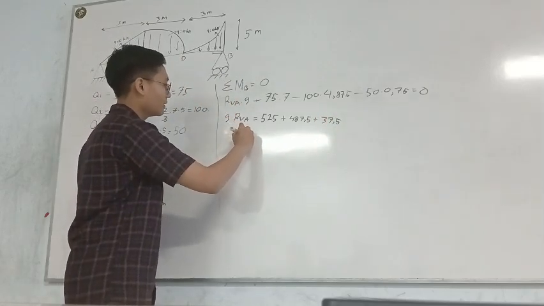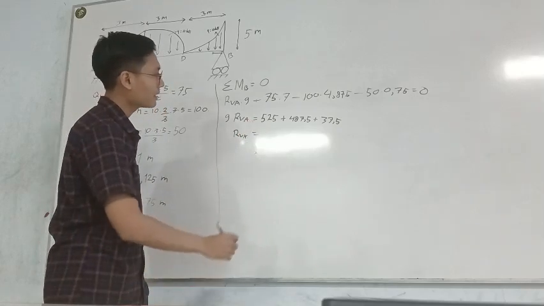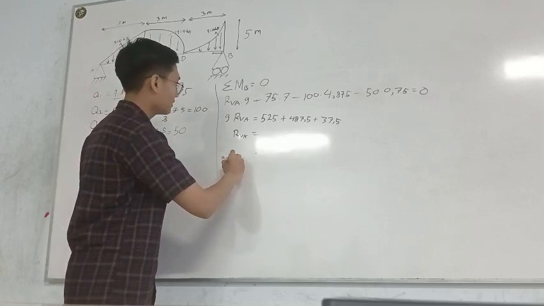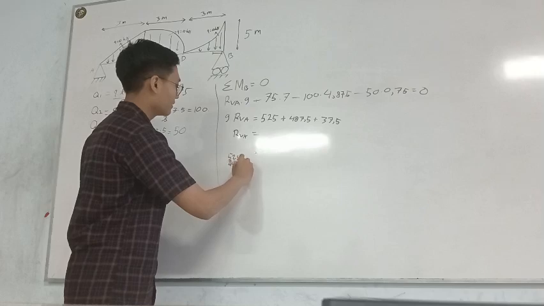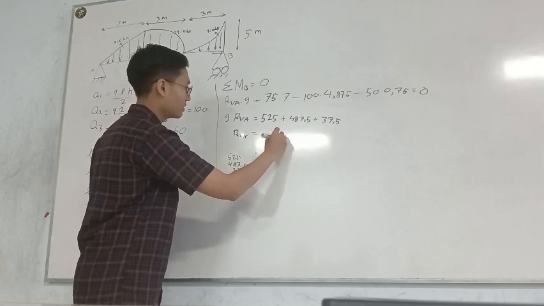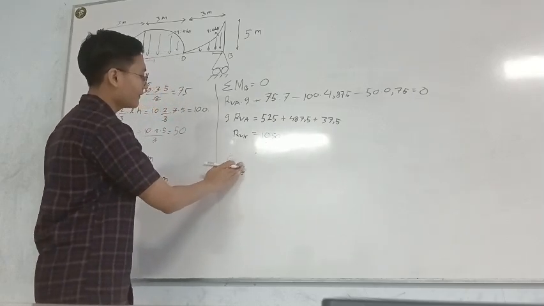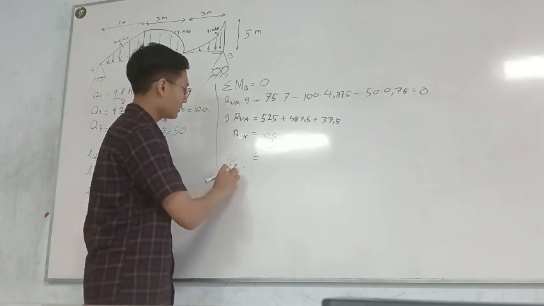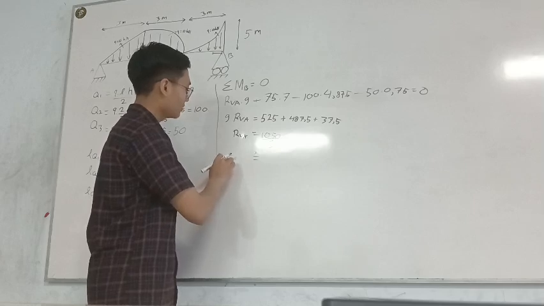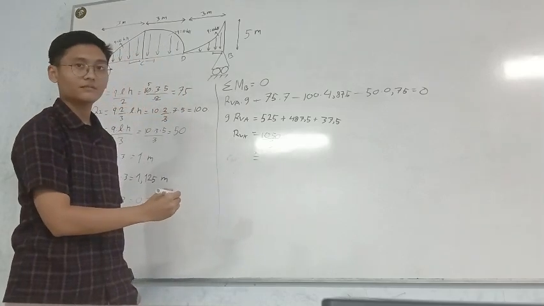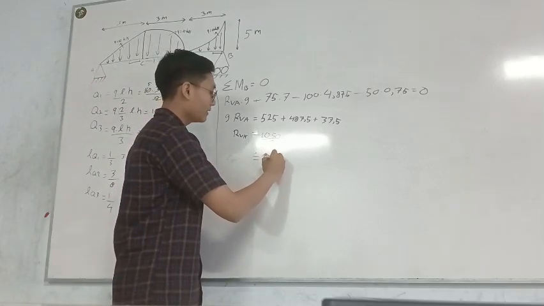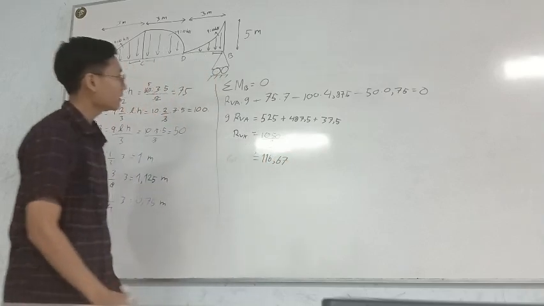So RVA equals 1050 per 9, which equals 116.67.